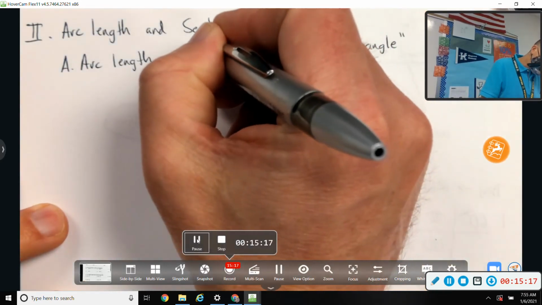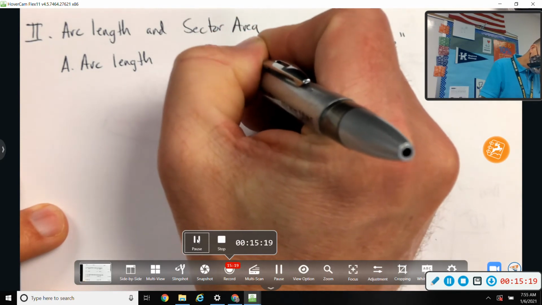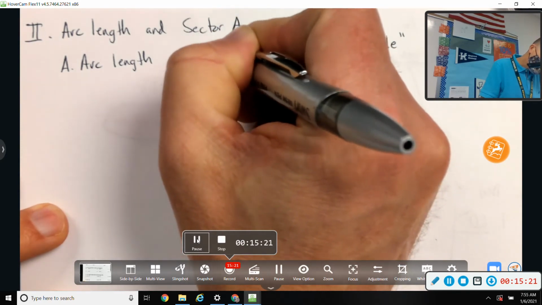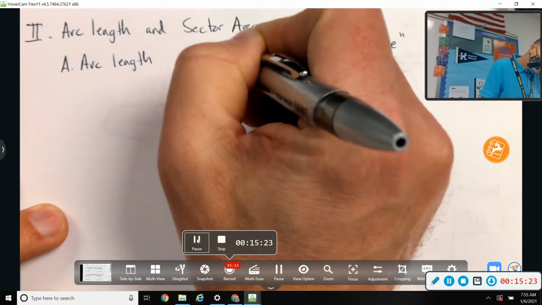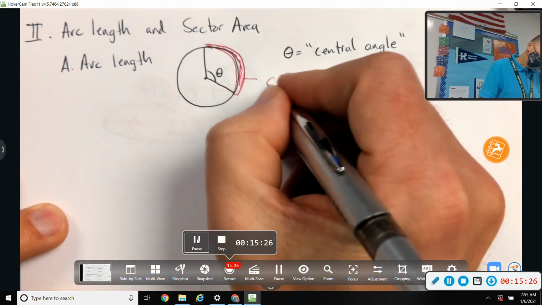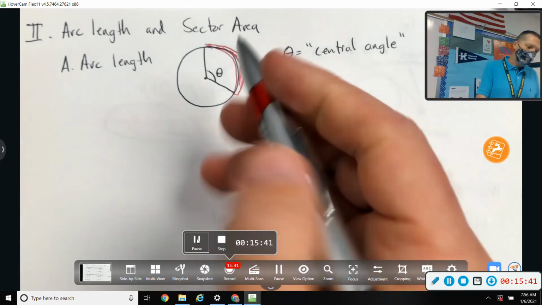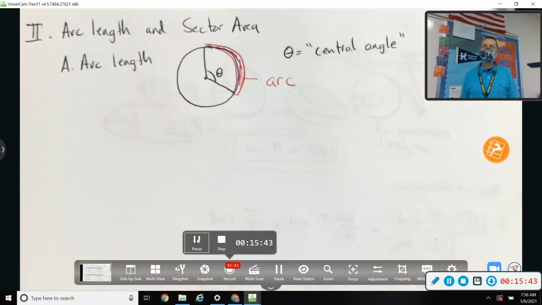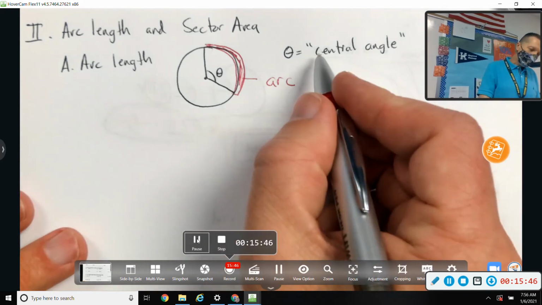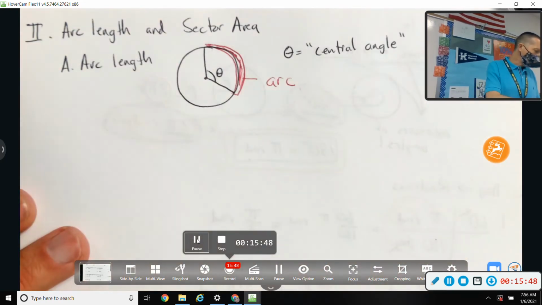Then this piece of the circumference is called an arc. If theta was 360, you'd have the full circle. But we're not always going to have a full circle. We're going to have half a circle or a fourth of a circle or some part of a circle that's traced out by 110 degrees or something. So we've got a central angle that creates an arc length.